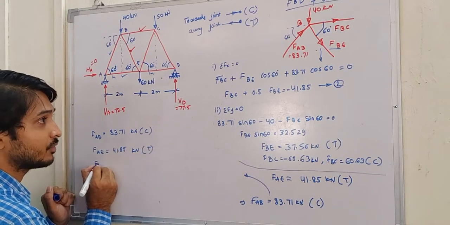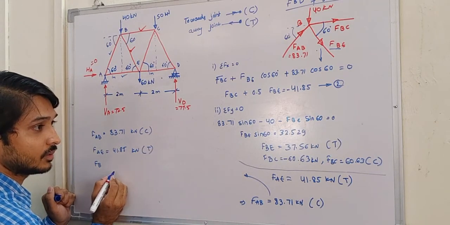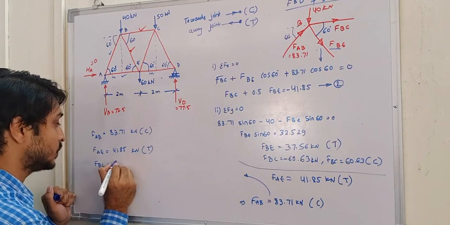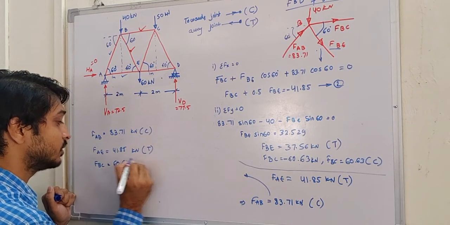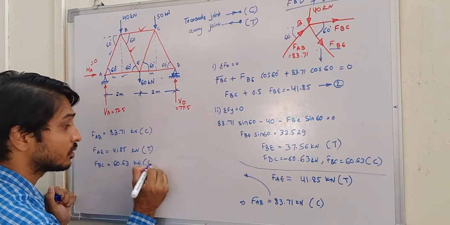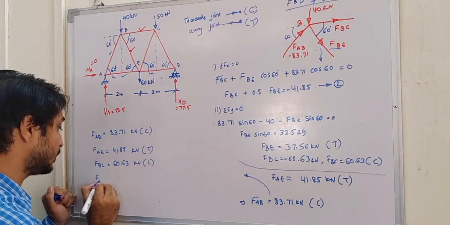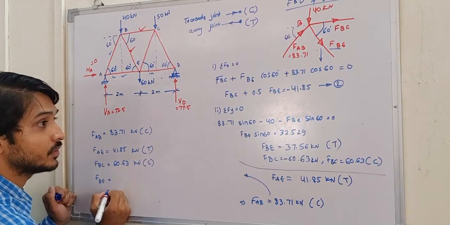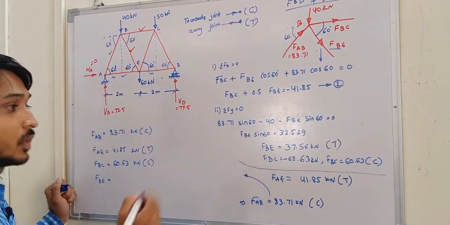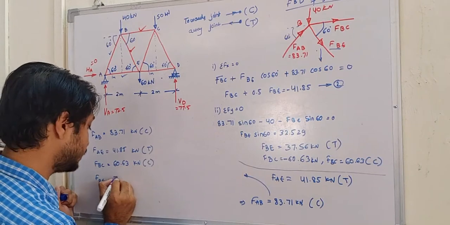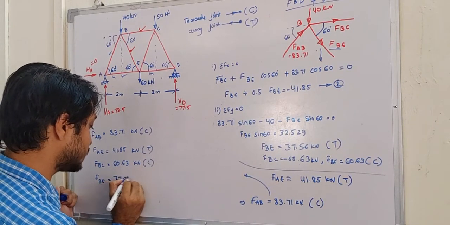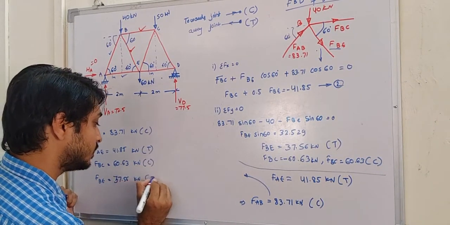Next we have got FBC. FBC is equals to 60.63 kilonewton, which is compression. Next FBE, which is equals to 37.56 kilonewton, which is tension.